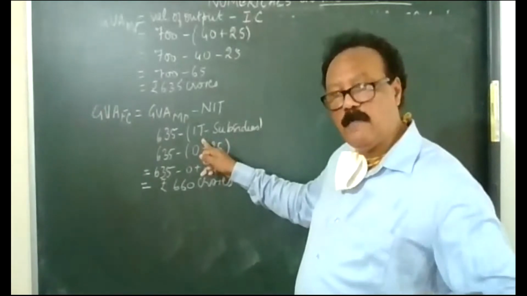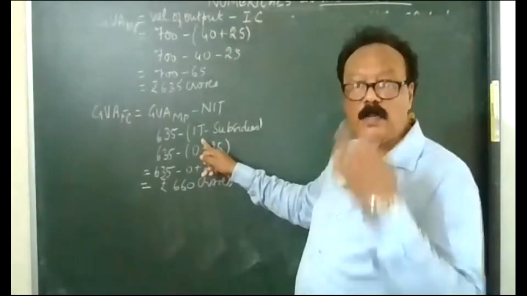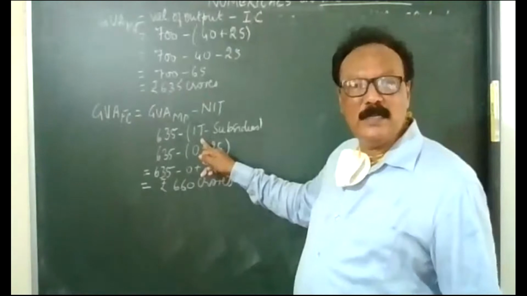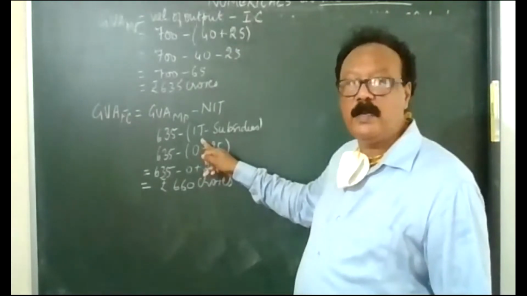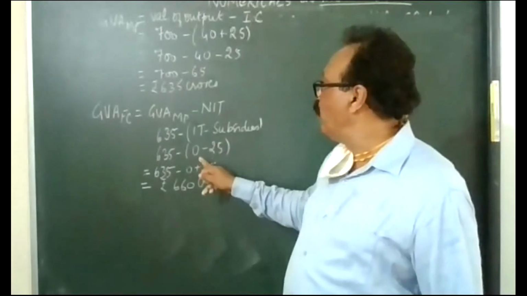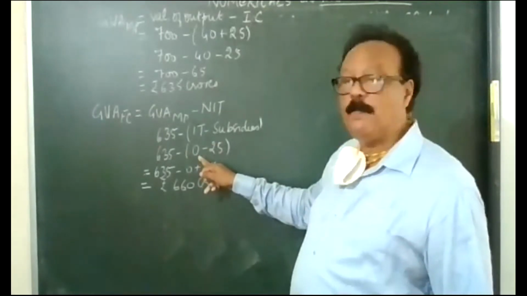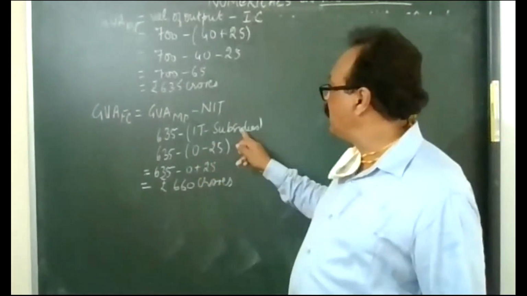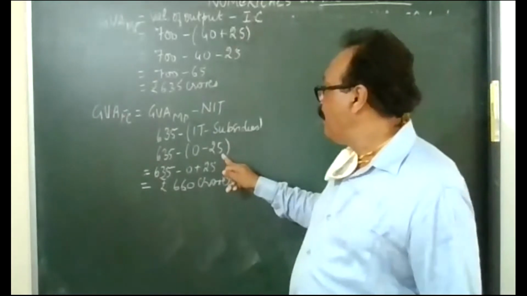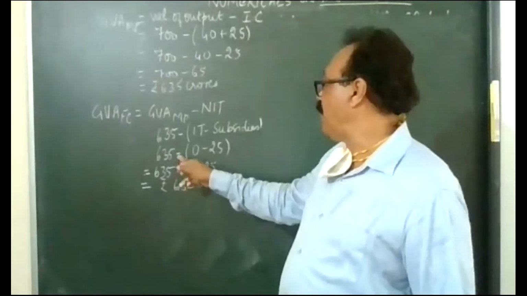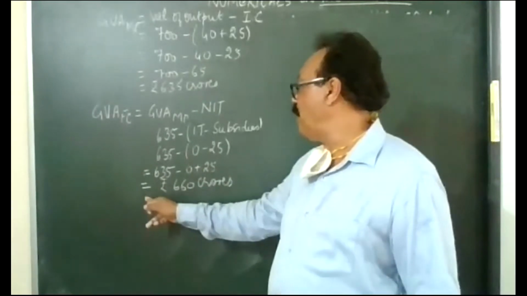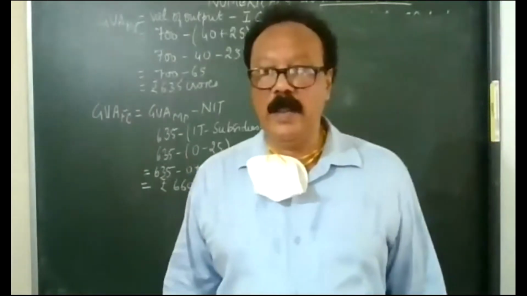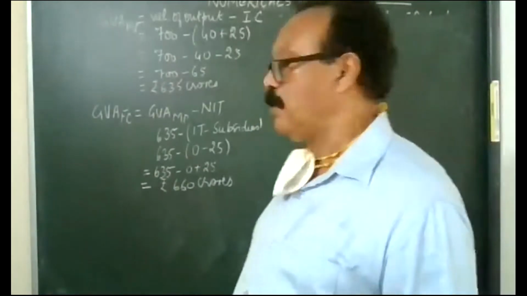If it is directly given, you take the value from the question. Otherwise, they will be like sales tax, custom duties, excise duties. All these come under indirect taxes. Since there is no value for IT, we put a 0 over there. Minus subsidies is equal to 25. Working it out, 635 minus 0 plus 25 is equal to 660 crores.